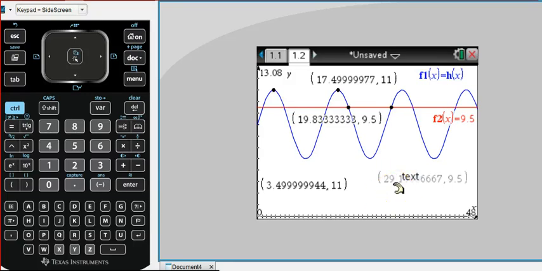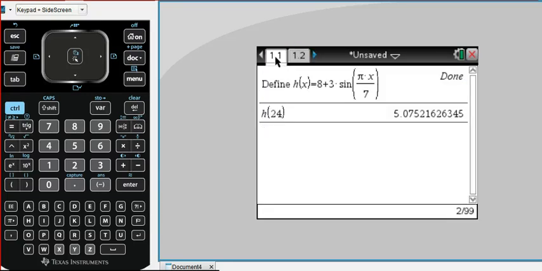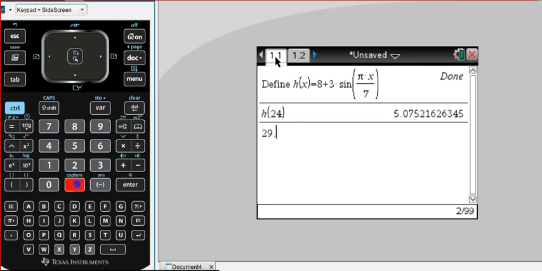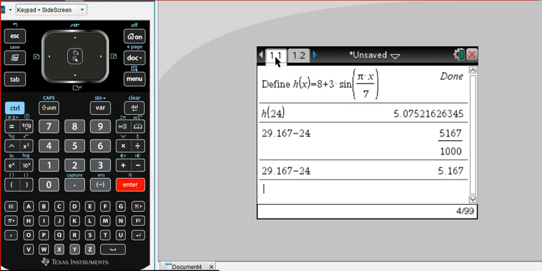So on your calculator page, you could say 29.167 minus the 24 hours of the Sunday before brings me to 5.167. So at 5 a.m. on the Monday morning. But what do you do with this decimal part of the answer?